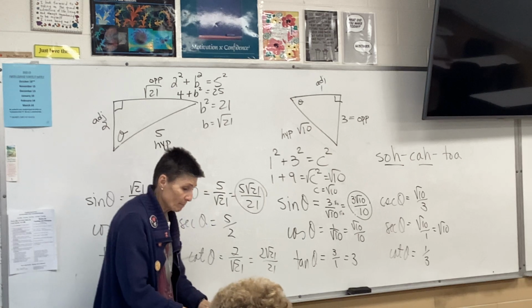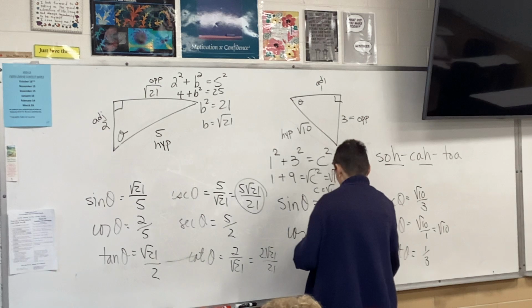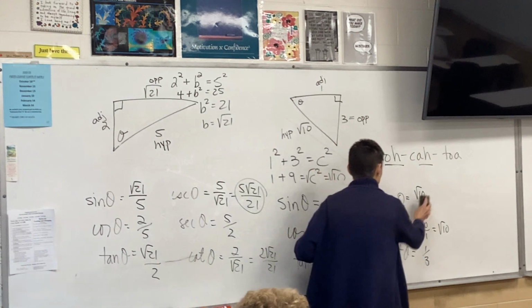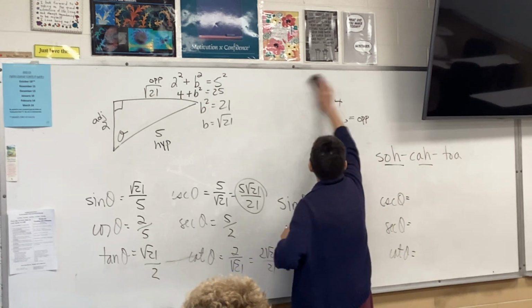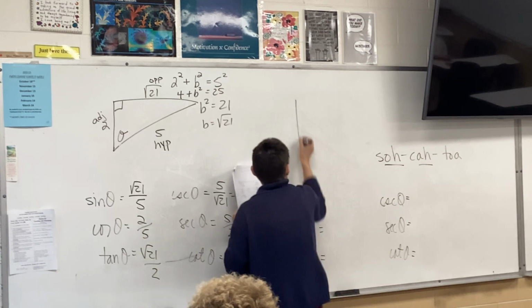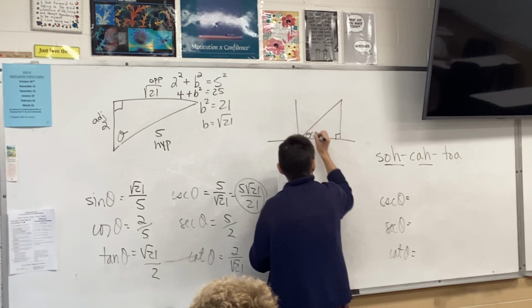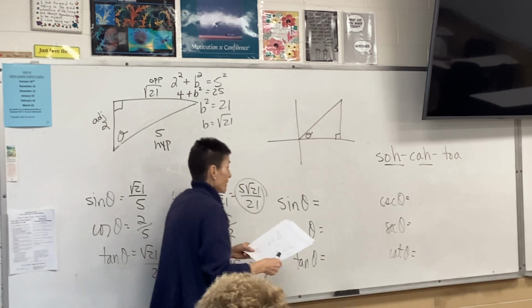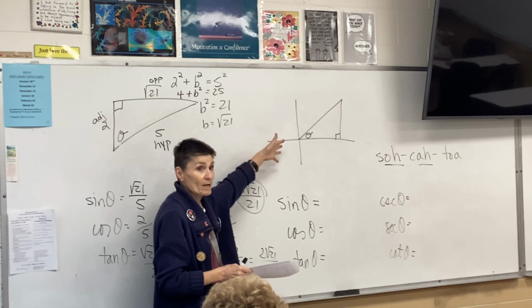The next one, number 2, looks very similar in terms of the questions being asked. We have a picture. Actually, we don't have a picture. And all it tells me is there's the setup I'm going to use when I have to draw my own picture.